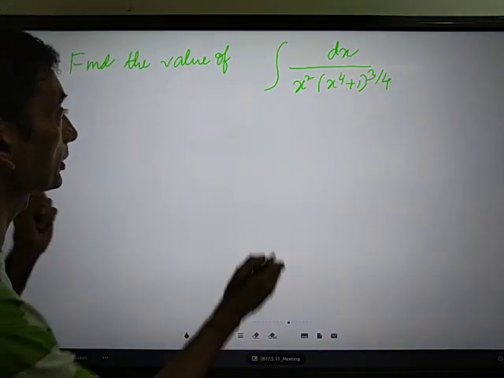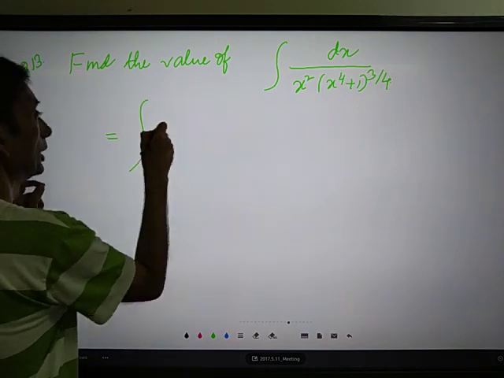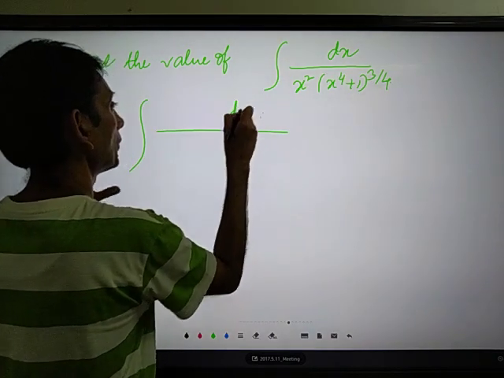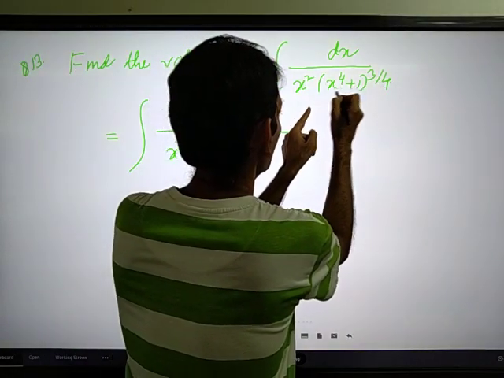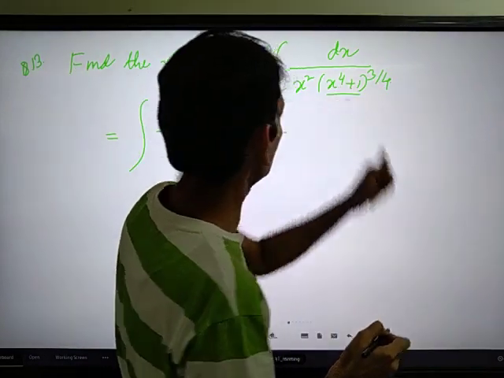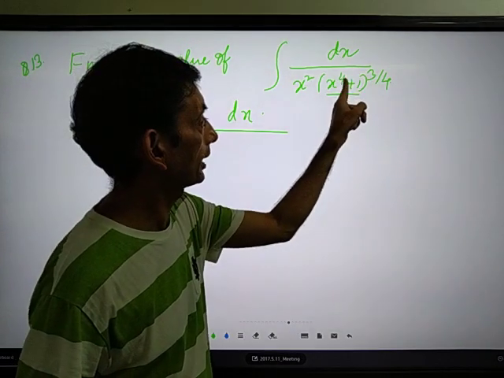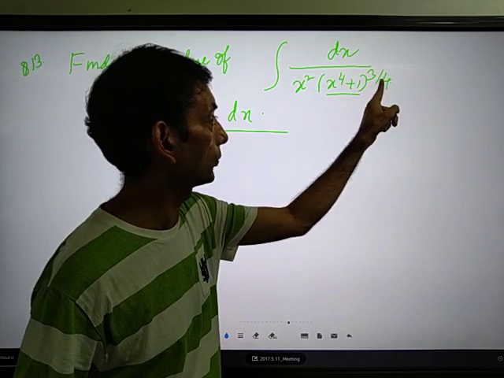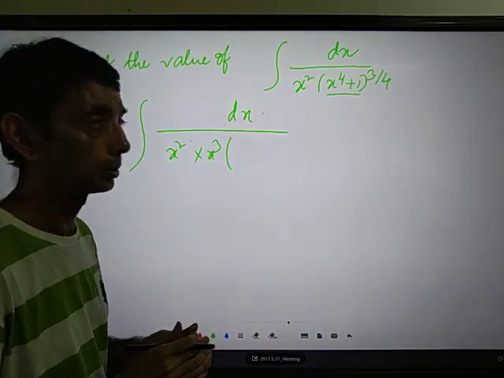Okay, to solve this question, we can start with this. What I'm going to do is, in dx, x squared, we just see this function. From this, I'm going to take x to the power 4 out. If you take x to the power 4 out, that is 4 multiplied by 3 by 4, so x cube will be outside.